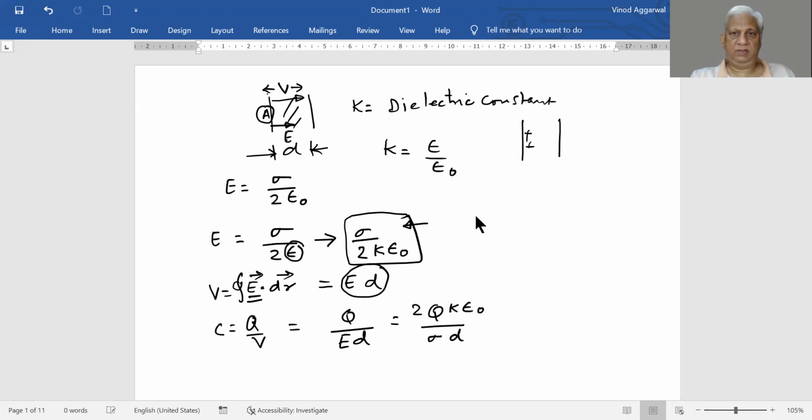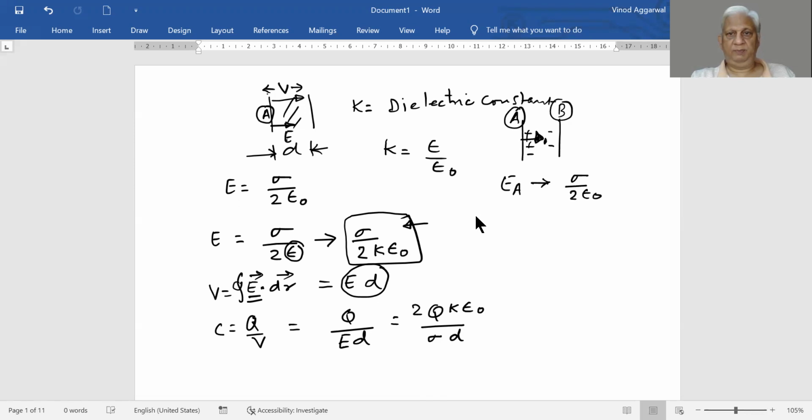You have positive charge here, you have negative charge here. Let us say plate A, plate B. The electric field because of plate A will be sigma by 2 epsilon naught, which will be in this direction.